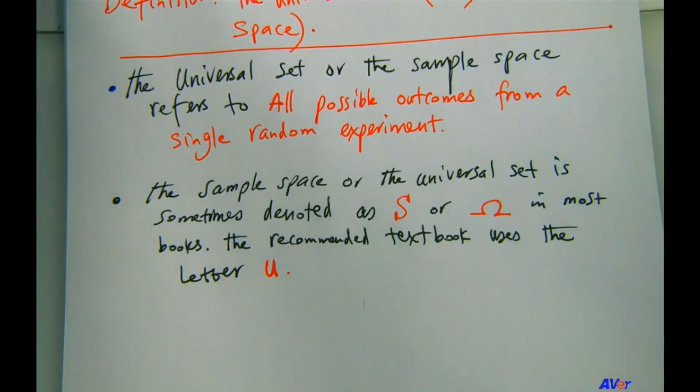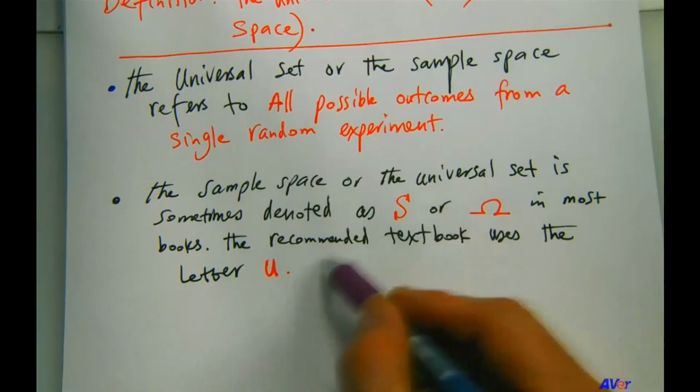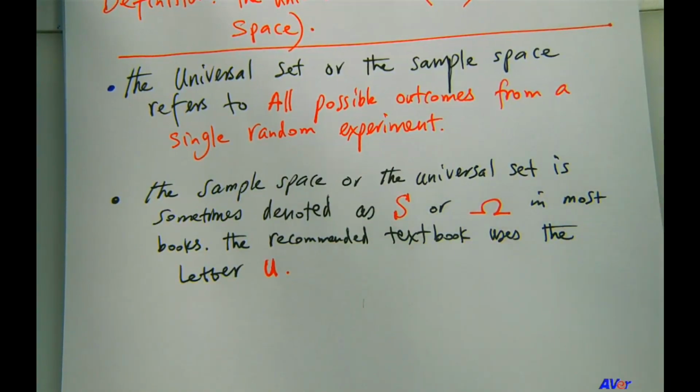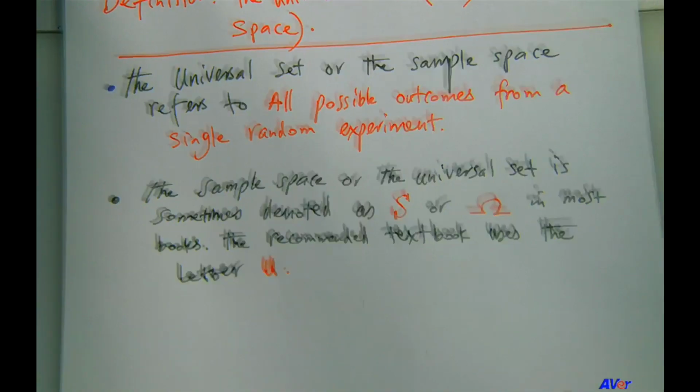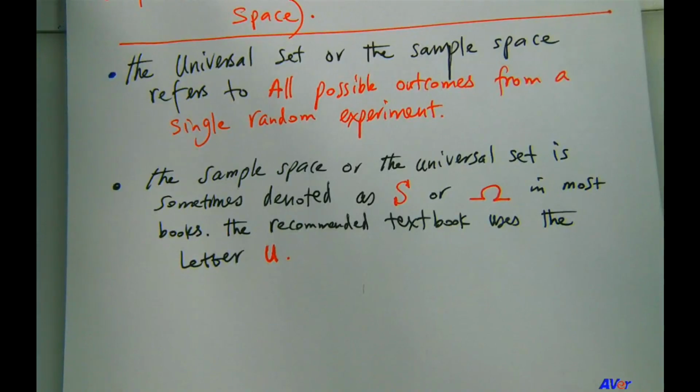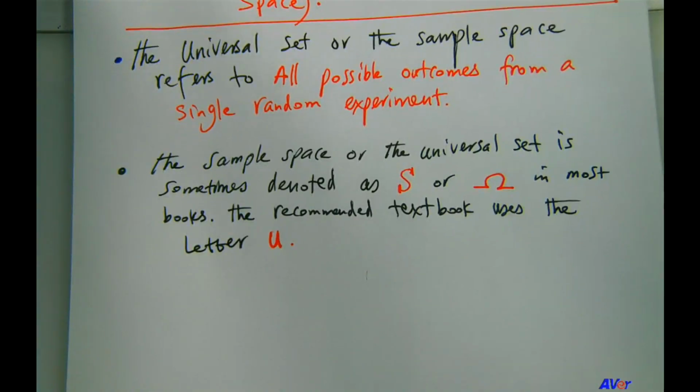It's possible that you see any of these letters or even other letters, but as long as the author uses it as a sample space or the universal set, it means that that letter is representing all possible outcomes from a random experiment. Okay, it refers to the same thing. Let's give some examples of sample space.